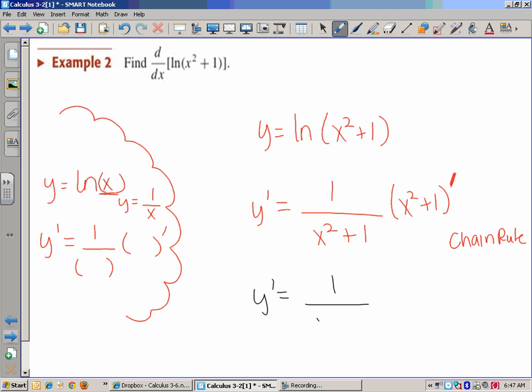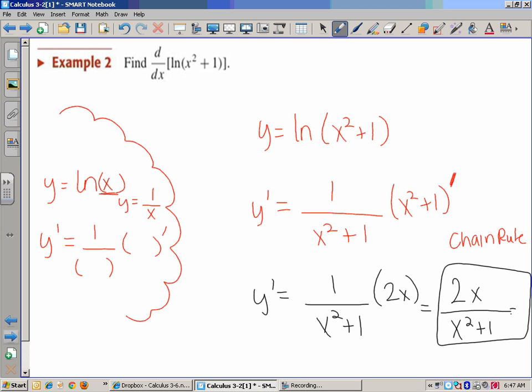It's going to be 1 over x squared plus 1 times the derivative of that, which is 2x. So my final answer is 2x over x squared plus 1. That's y prime, or in this case, the derivative of the natural log of x squared plus 1.